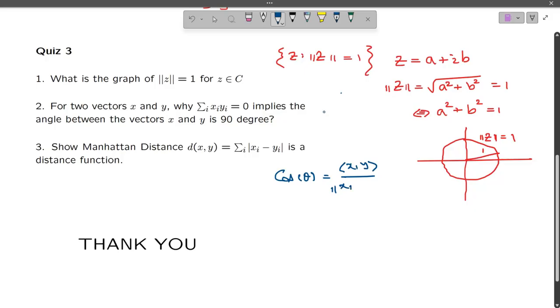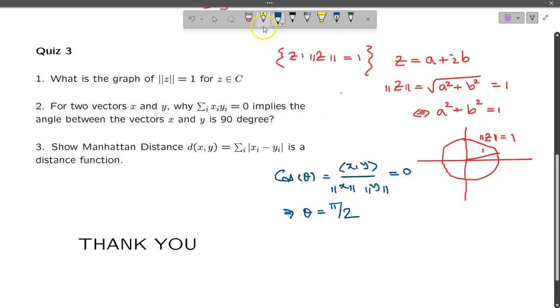That is the formula for the cosine of the angle between the two vectors. And if cos theta equals 0, then theta equals pi by 2. So if the inner product is 0, the two vectors are orthogonal. The angle between them is pi by 2.